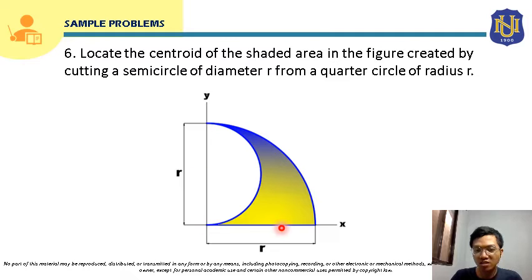So this quarter circle has radius r, and for this semicircle, if this is r, then the radius of this semicircle is r over 2. So let's solve the centroid of the shaded area.